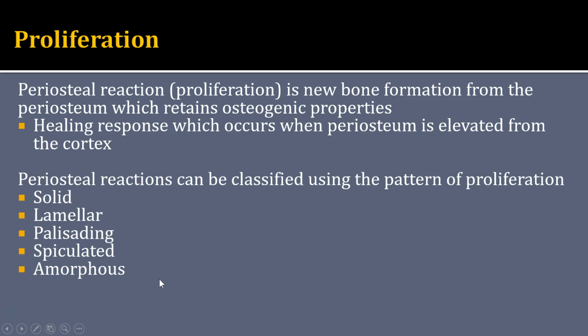Periosteal reactions are also classified, as we saw with our lytic reactions, and so we're going to use patterns of proliferation, and those patterns are listed on the slide. Now, I wanted to also indicate that we can look at a periosteal reaction and try to think about if it is more acute or chronic. And so duration can be the opacity that we see.